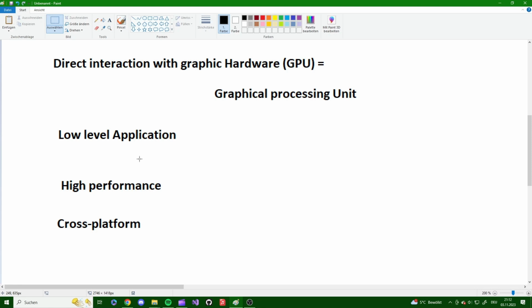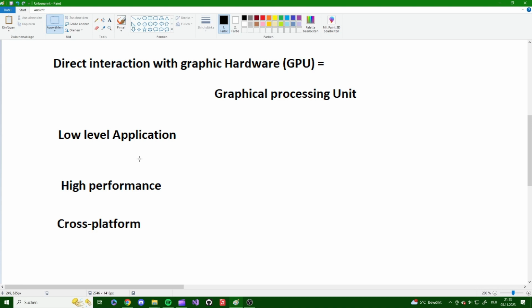With a higher-level language, you have to implement blocks that are integrated, with fixed code inside that uses performance that you cannot manipulate when you don't have a low-level application.